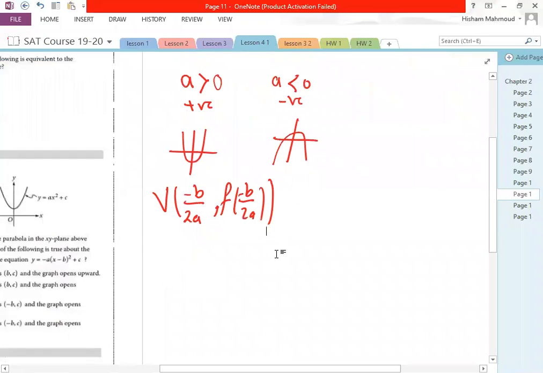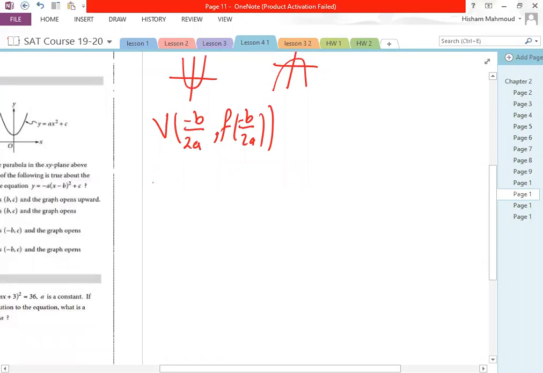What does it mean? It means if I have, for example, f of x equals x squared plus 4x plus, for example, 7. I know that the coefficient of x squared here is 1, so it opens upward.